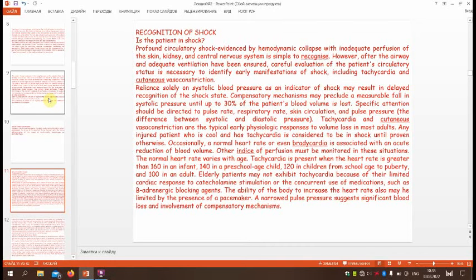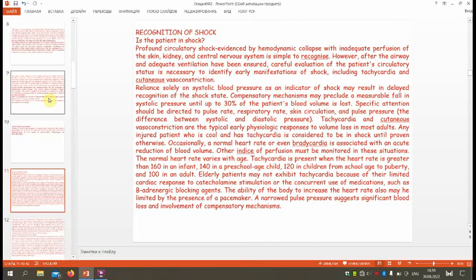Normal heart rate varies with age. Tachycardia is present when the heart rate is greater than 160 in an infant, 140 in a preschool age child, 120 in children from school age to puberty, and about 100 in an adult.